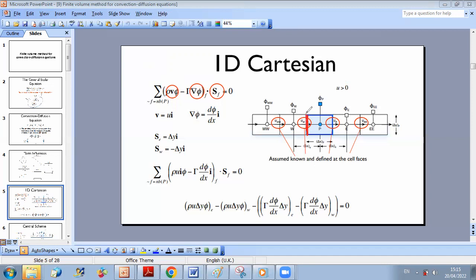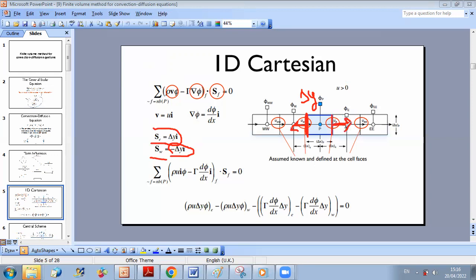My surface vector at west has a normal vector in the negative direction. The height is delta y, and the thickness T will be simplified. So I can write that S west is minus delta y i, and S east is plus delta y i, because for the east face, it's like this.